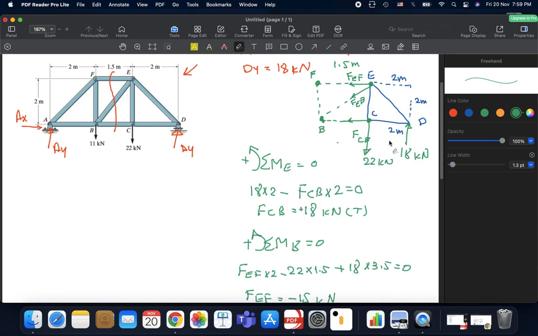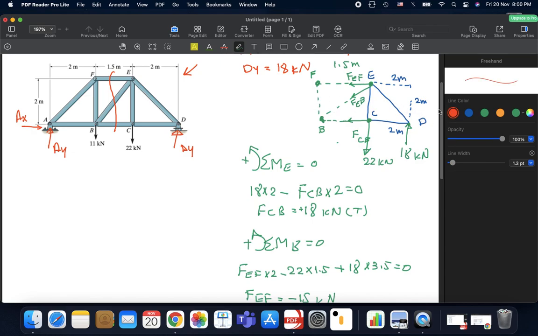Now, the last thing that is left is FEB. Remember, guys, we just used one equation. We have 3 equations: summation of forces in the x equals 0, and in the y equals 0, and so on. We could analyze this force on the y-axis or on the x-axis and then sum up the forces to get our FEB. Either is fine. You just need to find this angle. You could find the tan inverse, but I always prefer to work with the slope.